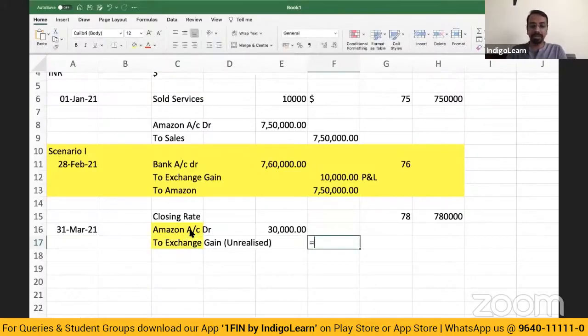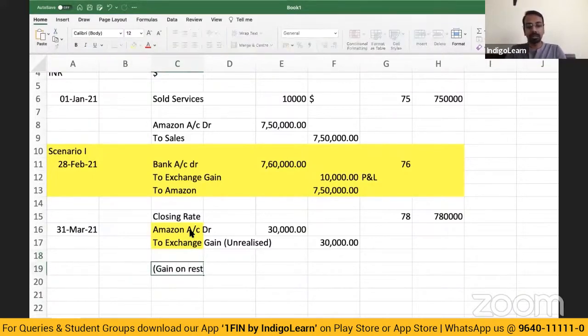Okay, exchange gain unrealized 30,000. Even though it is unrealized, meaning you have not yet received cash, even in that case, you will credit it to the P&L, right? So this is the gain on restatement of debtors, right? So any exchange gain or loss arising out of settlement of a foreign exchange transaction will be taken to P&L. Either you will debit to the P&L if there is a loss, or if there is a gain, you will credit to P&L.